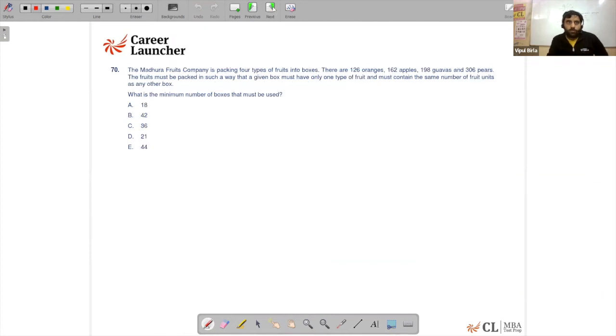Okay, moving on. The Madhura Fruits company is packing 4 types of fruit into boxes. There are 126 oranges, 162 apples, 198 guavas, and 306 pears.